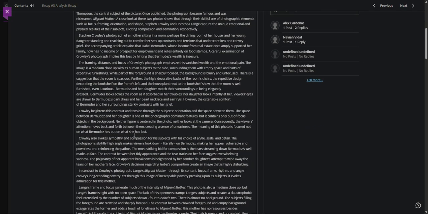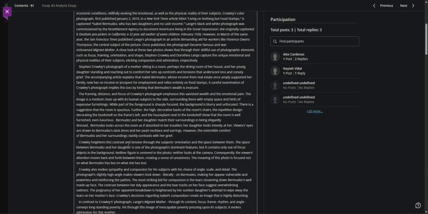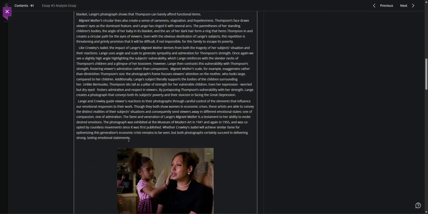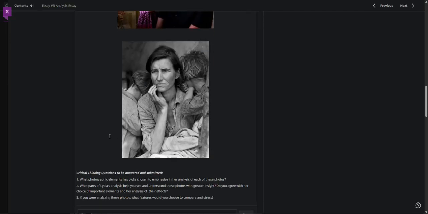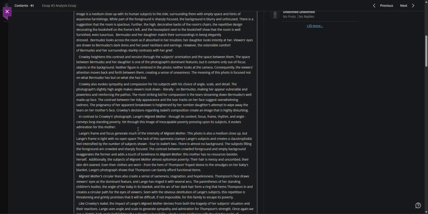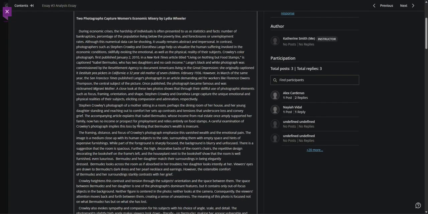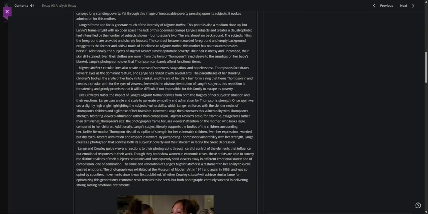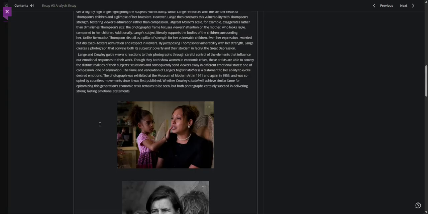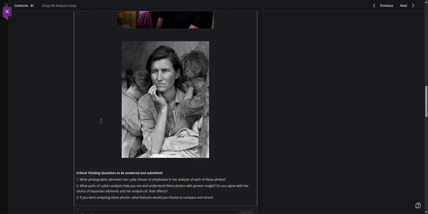But you need to read through this article, and this article is about these 2 pictures down here where they're doing a compare and contrast. This article is actually a student written essay that is a compare and contrast of the 2 images. Now, we are not doing a compare and contrast, but I wanted you to see this as an example of what a good visual analysis essay looks like.